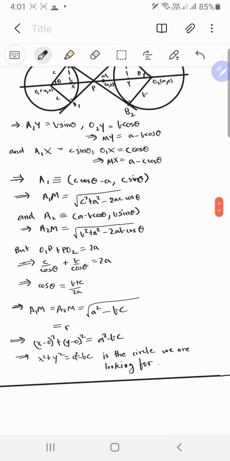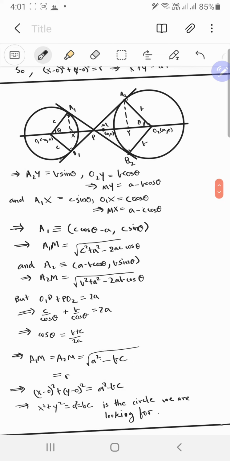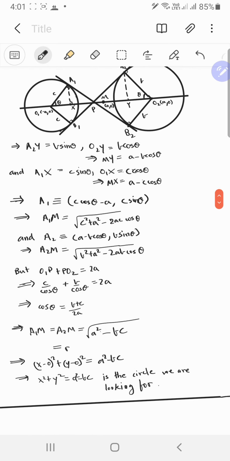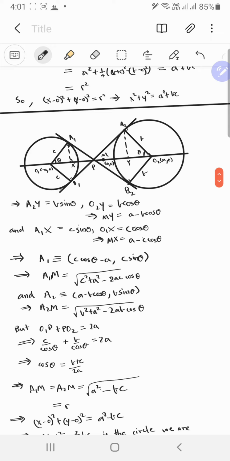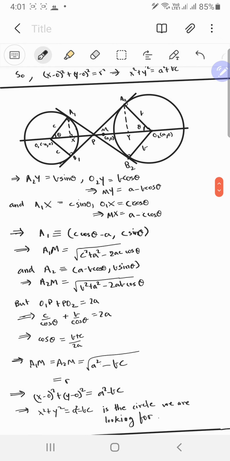So why is M the center over here? Once again, that wasn't very clear to me, but one thing was very clear: A1M is the same as A2M, and that's why it should be the center. It just is, right? So here's the proof.